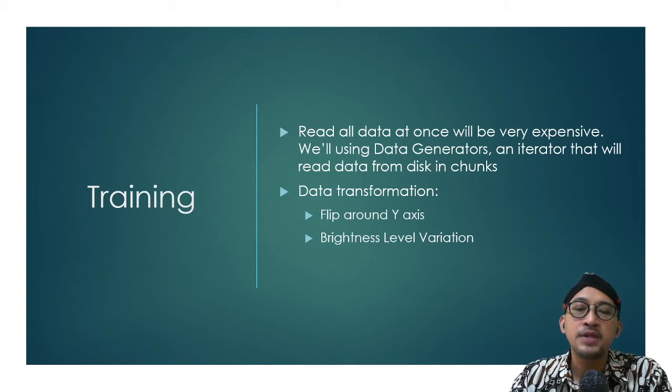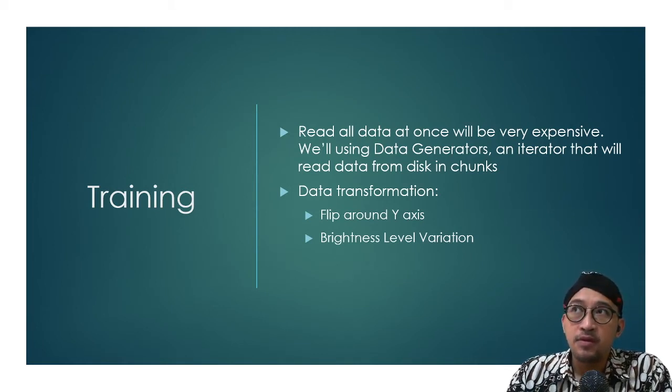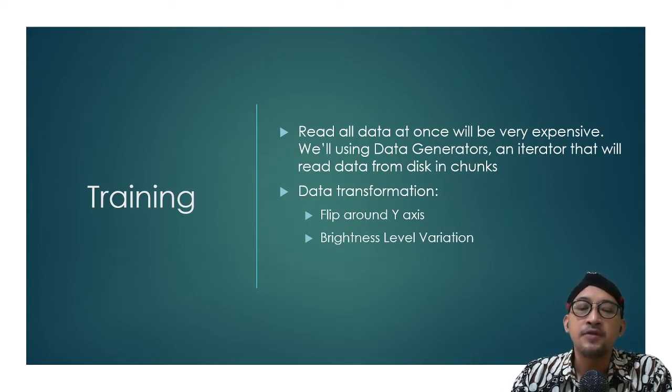We can randomly set the brightness of the image to simulate lighting dynamics, and we can do that without having to manually drive into different weather or different times of the day in the environment.